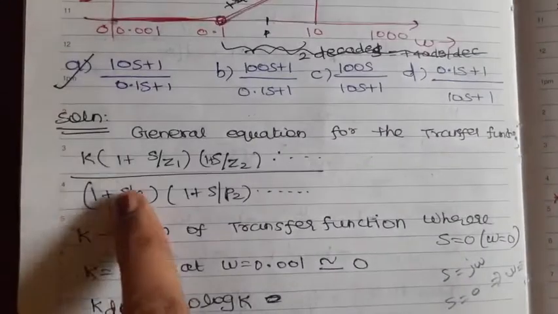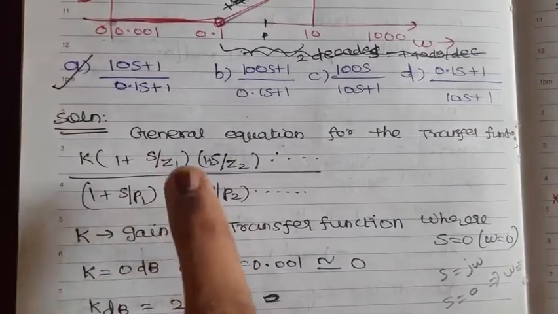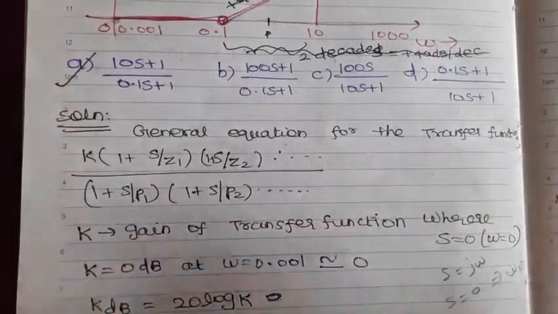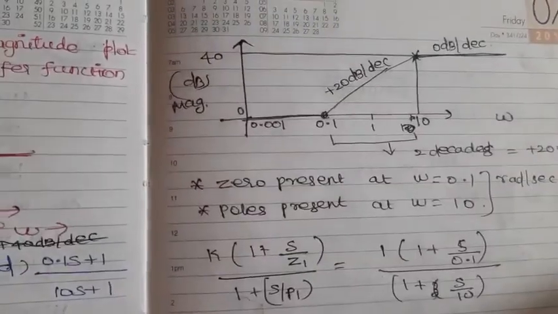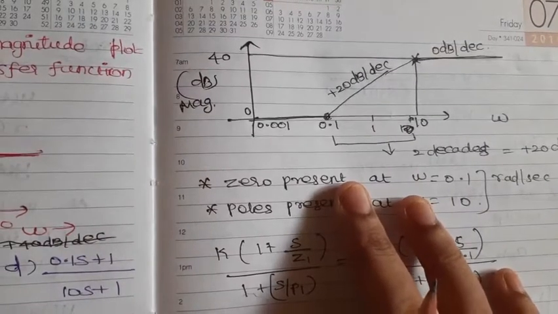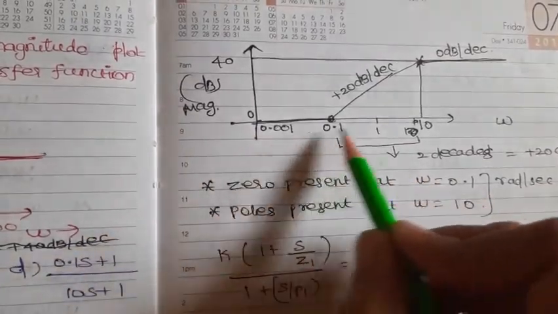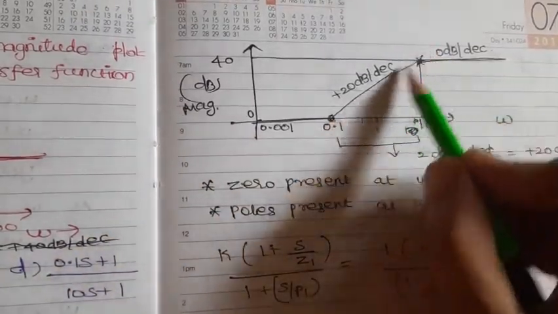So we found the K value. Then we need to find the zero and pole locations and substitute them in that formula. I have drawn the given Bode plot here. We need to find the poles and zeros.